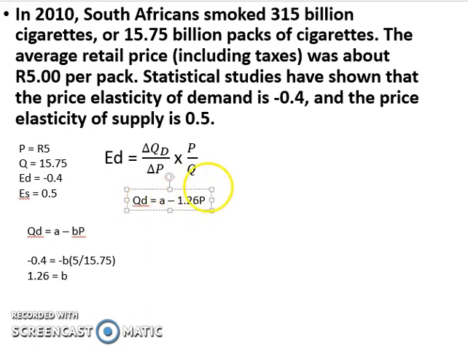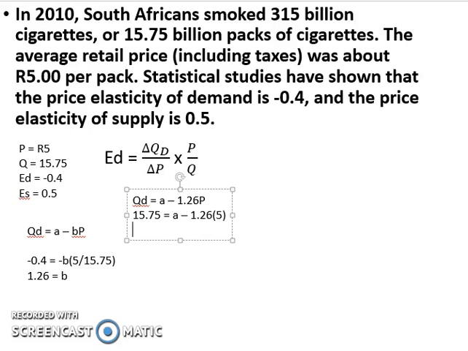The values for quantity and price we do have. So quantity is 15.75 equals A, which we do not have, minus 1.26, and price we do have at 5 Rand. So now we calculate the value for A.